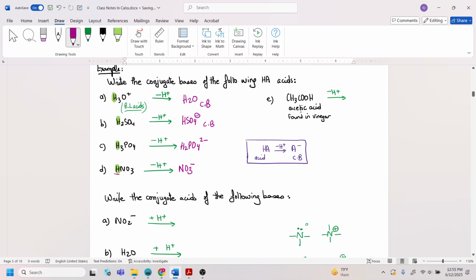Acetic acid. This is an acid that gives vinegar its smell. This is how it is written. It's called acetic acid. The acetic acid has an acidic hydrogen, because if I draw its Lewis structure, there are three hydrogens connected to the carbon.